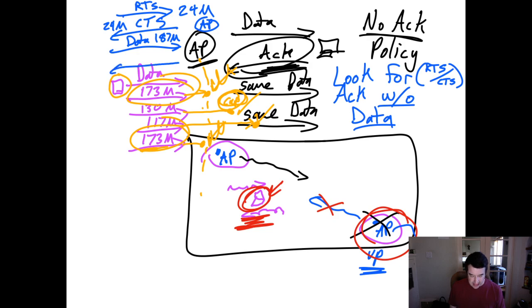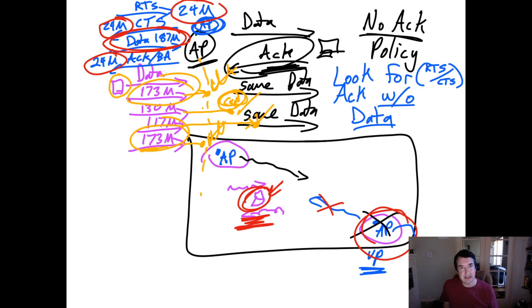And then that acknowledgement or block acknowledgement that the access point sends back is probably going to be at 24 megabits per second as well. So my signal to noise ratio can be pretty darn low to be able to capture this 24 megabit per second traffic. But my signal to noise ratio has to be pretty darn high to capture this 187 megabit per second data.